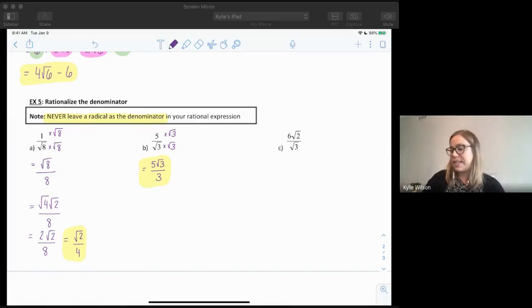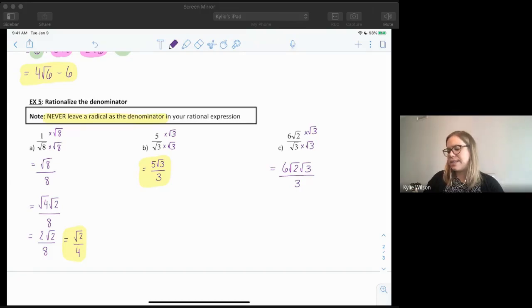All right, let's do this last one here. So we have 6 root 2 over root 3. We cannot have a root 3 on the bottom. So we need to multiply the denominator by root 3. If I do something to the denominator, I also need to do it to the numerator as well. So that will give me 6 root 2 root 3 all over 3, like this.